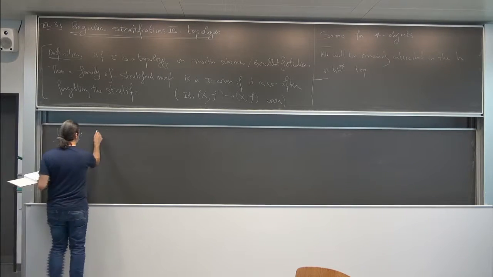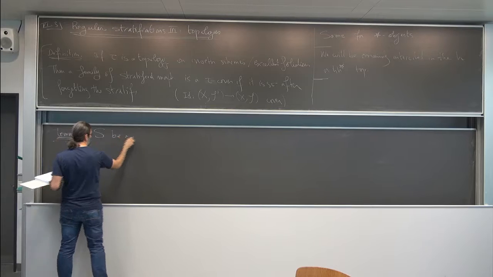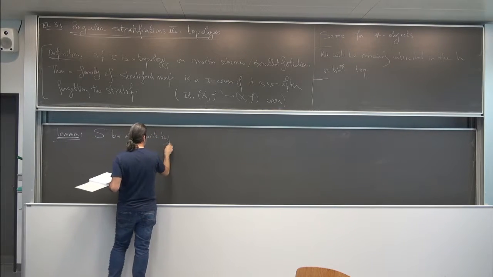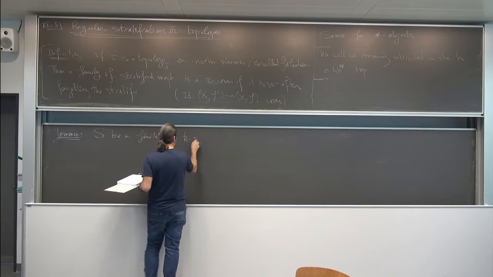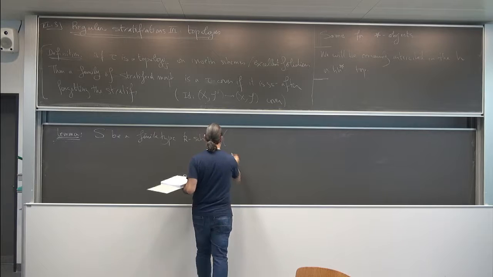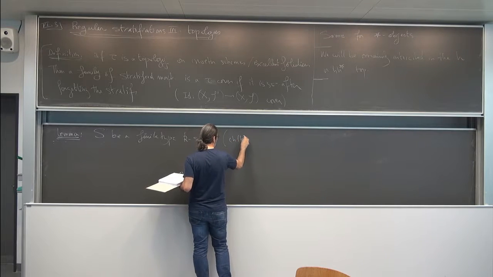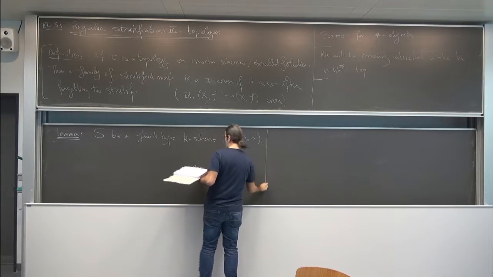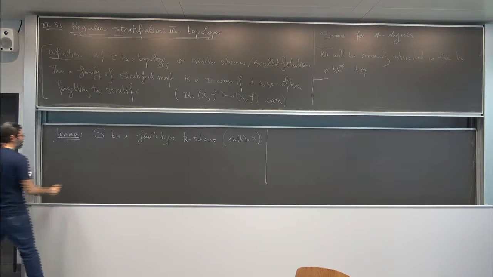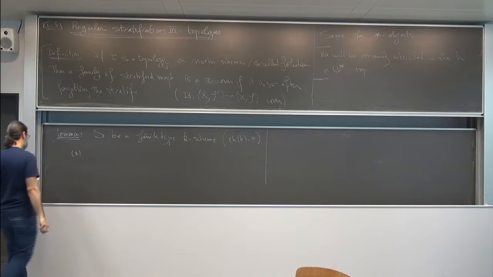Okay, so let S be a finite type scheme over K. And here, as usual, let me stress that the characteristic of K is supposed to be 0. So there are two parts.